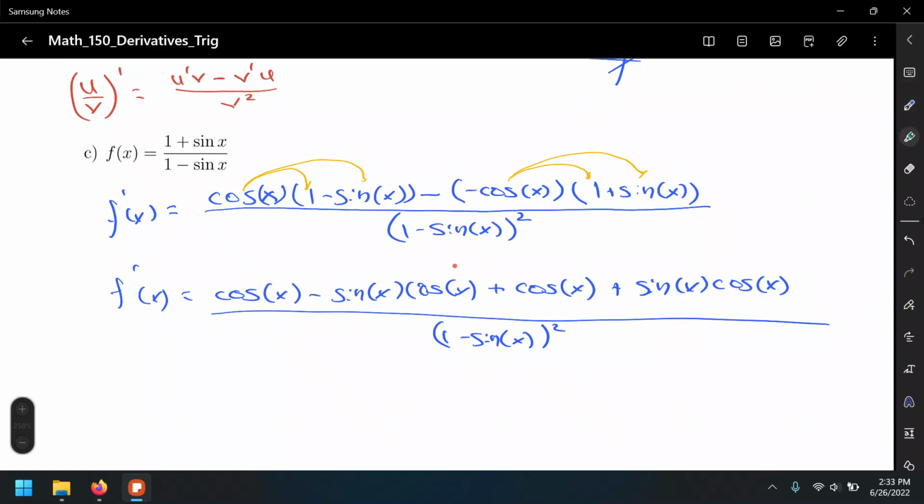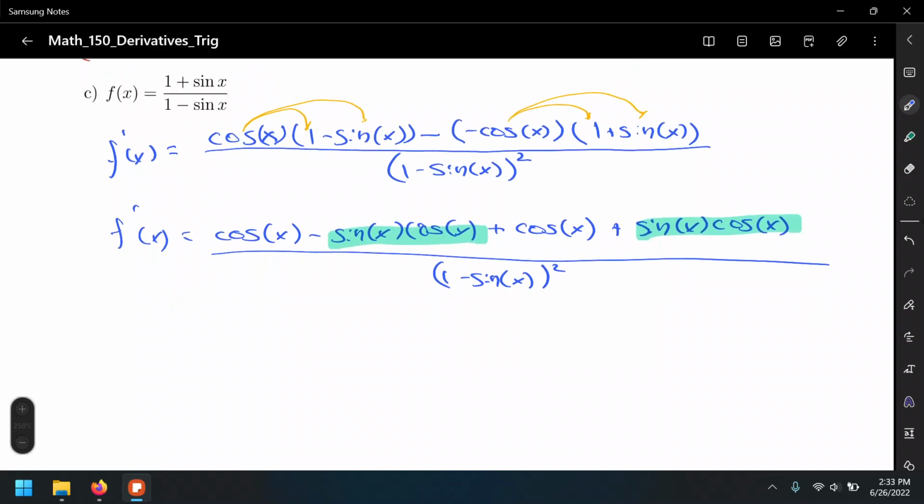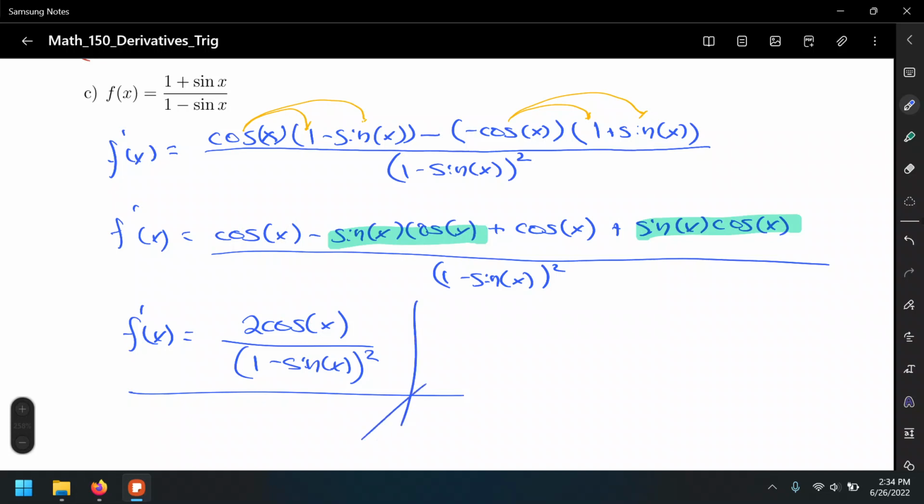Notice how these two cancel, because sine x cosine x minus sine x cosine x cancel. So we're left with cosine x plus cosine x, that's 2 cosine x divided by 1 minus sine x quantity squared, and call it a day for this exercise.